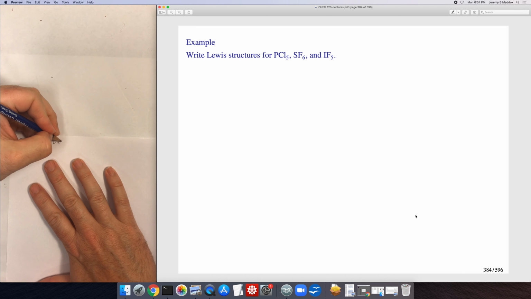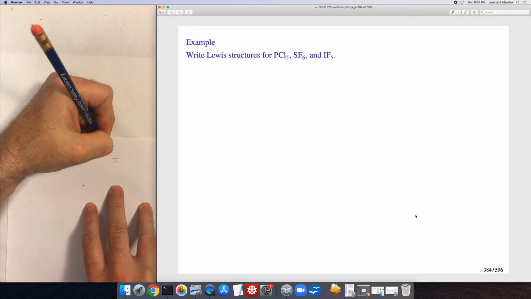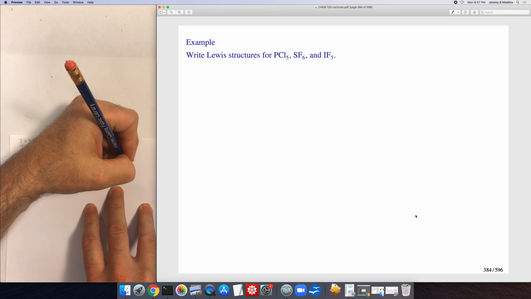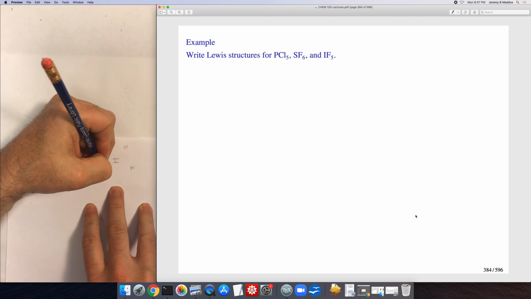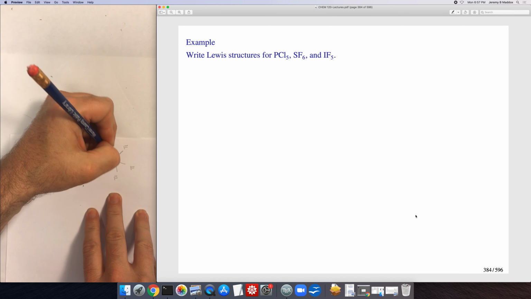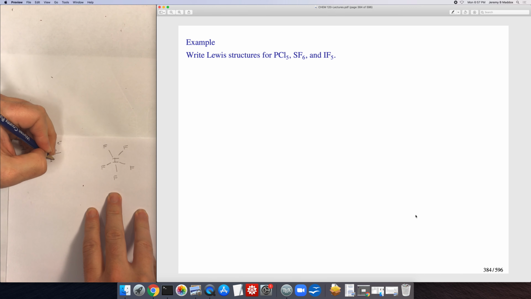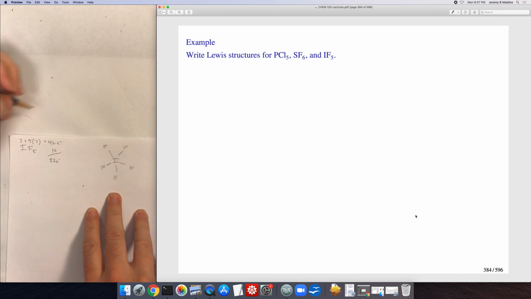Yes, 42 electrons. Iodine is more electropositive, so it goes in the center. Then we're going to have the fluorines. We'll make our skeleton bonds. Okay, so that's going to take into account 10 electrons. So we've got 32 electrons that need to go on.